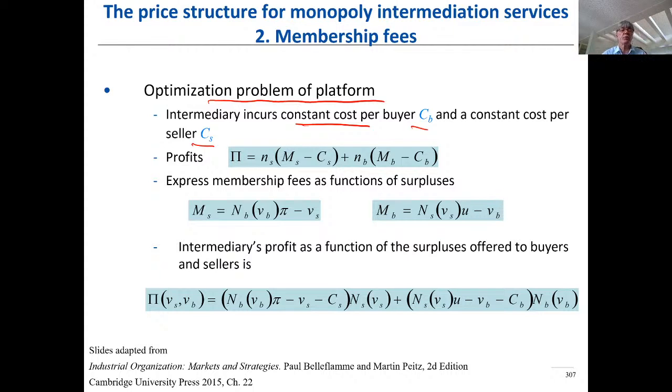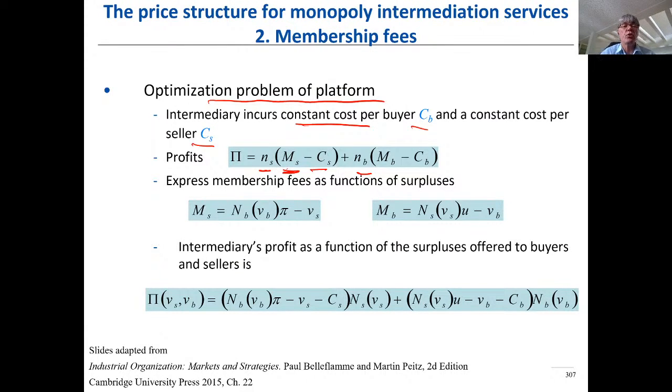They have to set up these, I don't know, surveys and so on. These produce some cost. And then, of course, the profit of this platform is just the number of sellers you have times the membership fee you get from each seller minus the cost you have. And the same holds for the buyers. Okay, so rather straightforward.